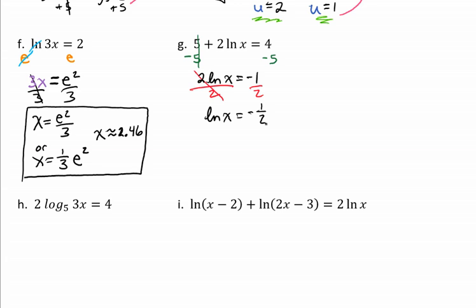Again, here we have a logarithmic equation, so we want to rewrite it in exponential form. The base of a natural log is e. So if we take e and make that the base of both sides, that allows us to use the inverse property to cancel out the e and the natural log on the left-hand side, which leaves us with x equals e to the -1/2 power.